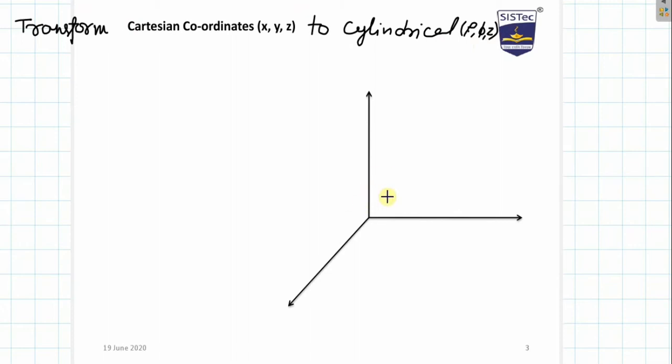Okay. So let's recall, let us suppose we have this is your x-axis and this is your y-axis and this one is the z-axis. See, every time whether we are going to study the cylindrical coordinates or spherical coordinates, any of the coordinates we are dealing with, we will have this coordinate arrangement of x, y and z axis, so that we can easily understand the other coordinate system with respect to this Cartesian coordinate system.